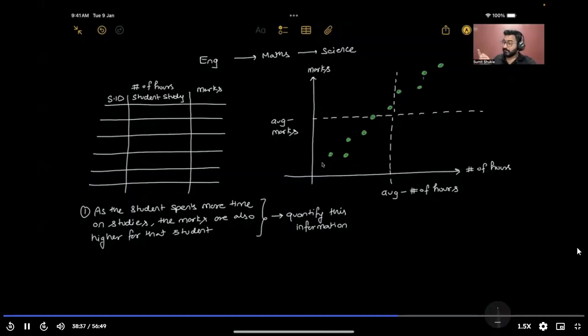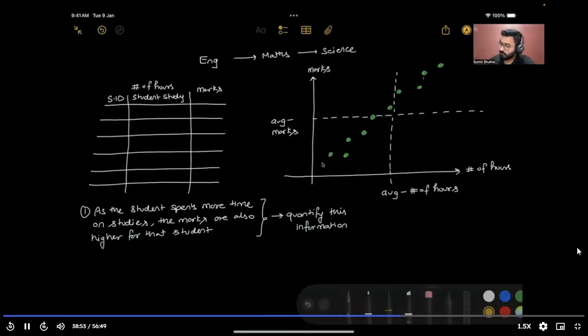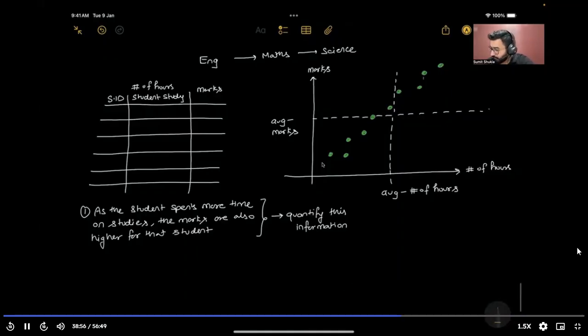Now, let's try to find the distance of each data point from both of these averages. Let's call this y average because this is on the y-axis, and let's call this x average. So each data point is on x comma y, right? So this is on x, this is on y. So x average, y average.